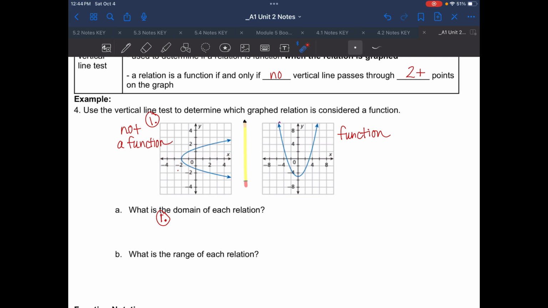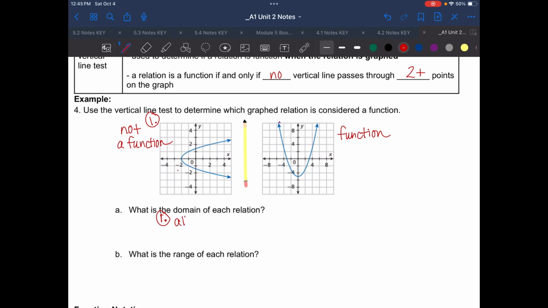So I've got x, if I look at my x value here, I've got a point there and a point there. And if I look at every single x value up until -2, I've got 2 points attributed to that x value. But when I hit -2, I've got 1 point there, and then the minute I go past -2, I have no points. So that tells me that my range ends at -2. So not my range, my domain.